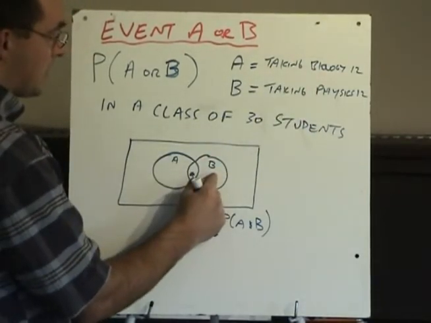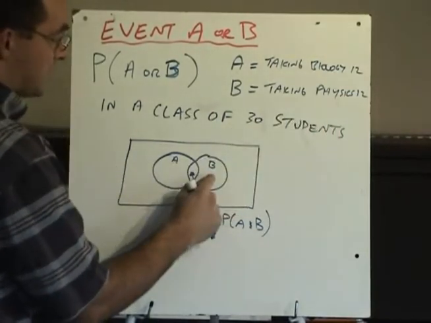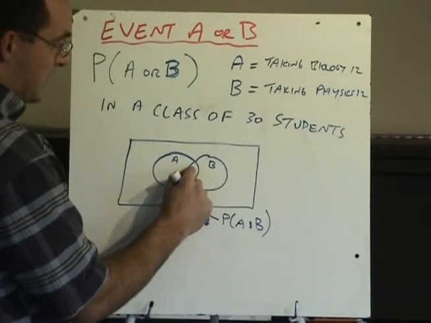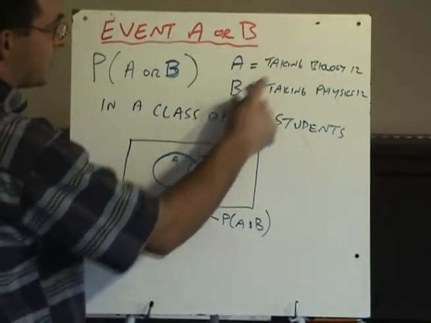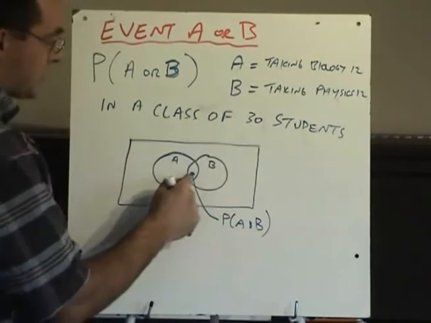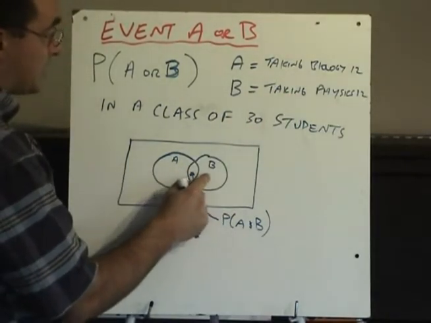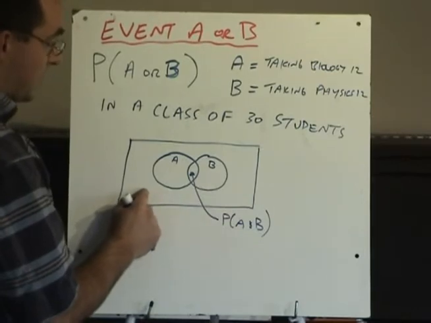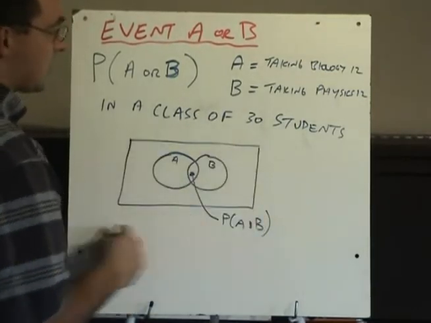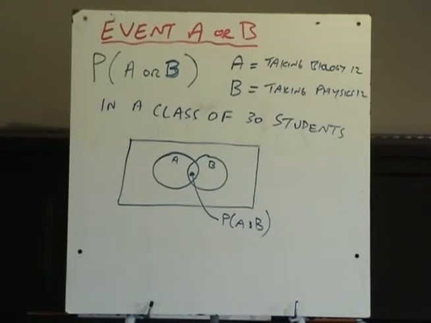Students over here in this part of circle B are the students that are just taking physics 12. And then we've got a few people right here, probably not too many, but a few that would be in both circles. They're both taking biology 12 and physics 12. And then everybody else in the math class who aren't taking biology or physics would be out here. But everybody in this box represents all 30 students that were in that class.